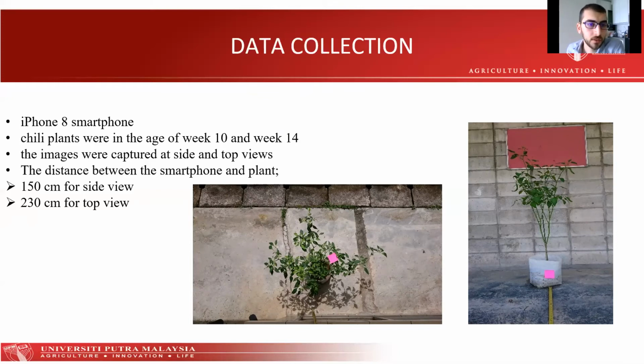The images were taken, as you can see in these images, from side view and top view. For the side view, the distance between the camera and the chili plant was 1.5 meters, and 2.3 meters for top views.